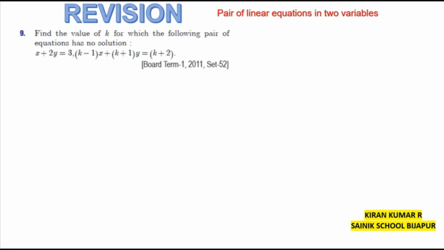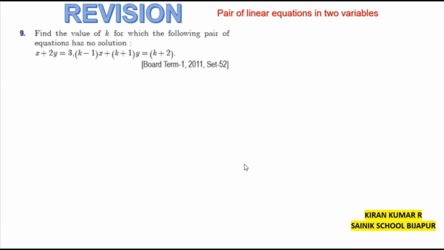Find the value of k for which the following pair of equations has no solution. The equations given are x plus 2y equal to 3 and (k minus 1) times x plus (k plus 1) times y equal to k plus 2.